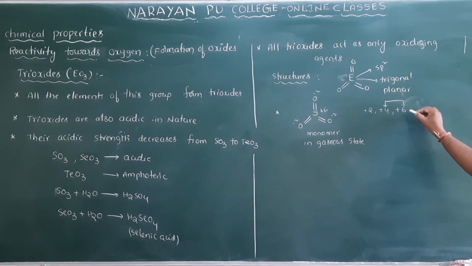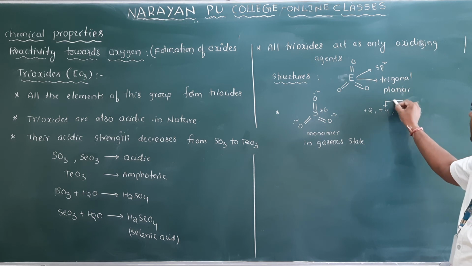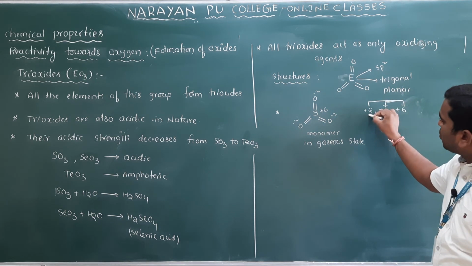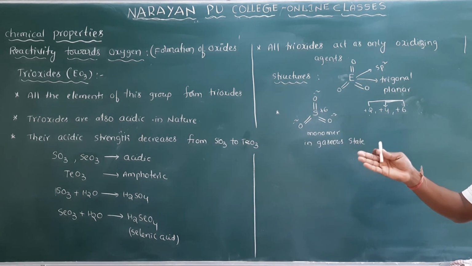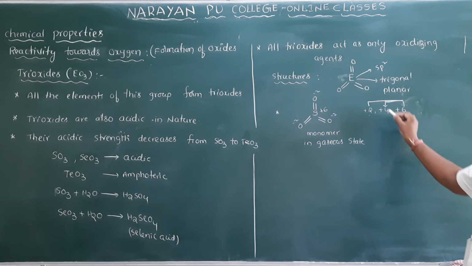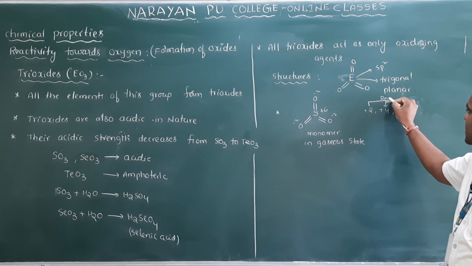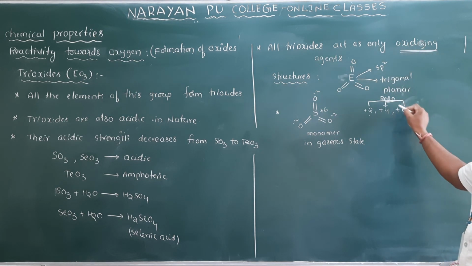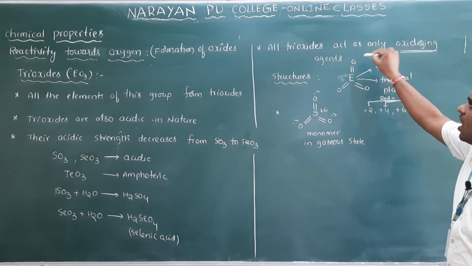It cannot increase its oxidation state beyond 6. So it undergoes reduction, +6 to +4 or +6 to +2, a decrease in the oxidation number, which we call reduction. Reduction means they can only act as an oxidizing agent.